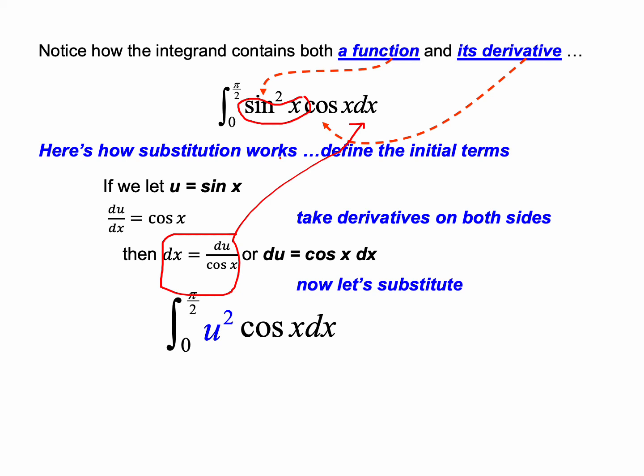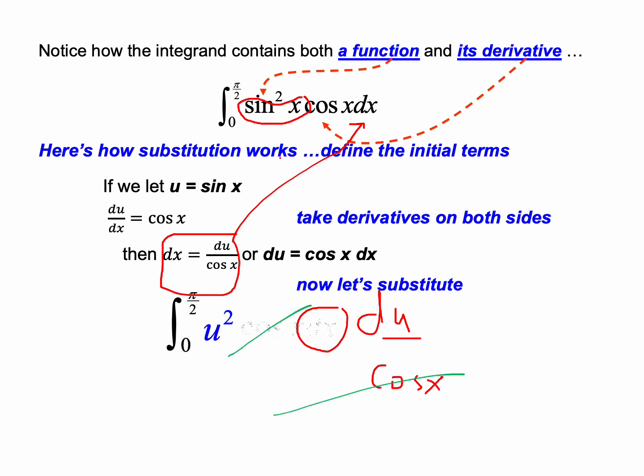What about cosine? We cannot do anything for it, but if I remove this dx and I put du over cosine x, so I can easily say I can cancel cosine x with cosine x, so I will get only u squared du.